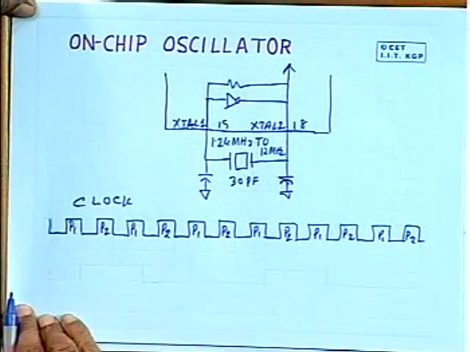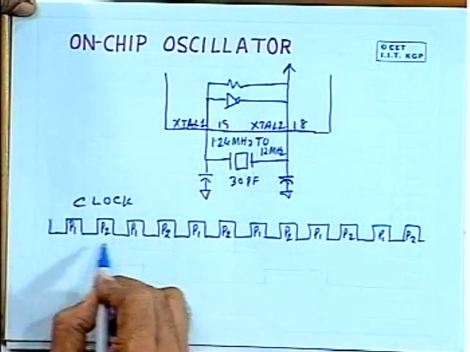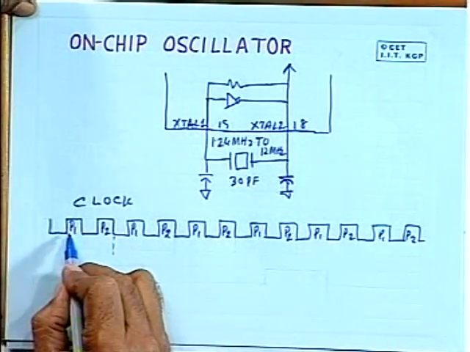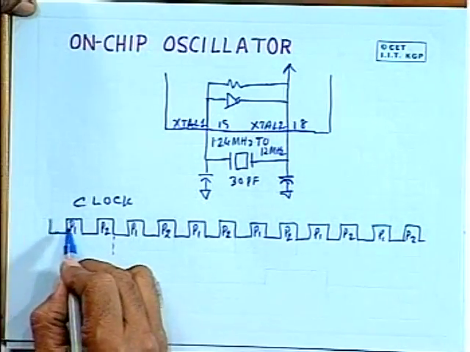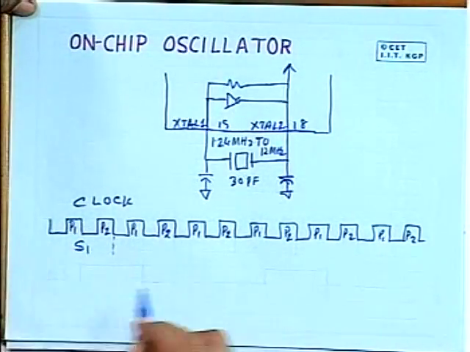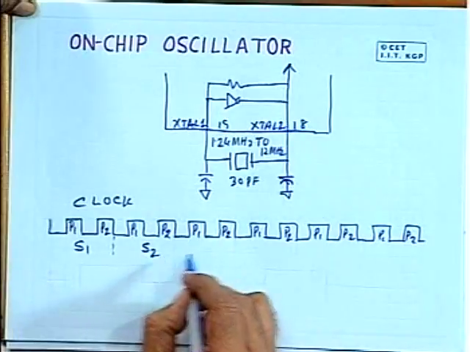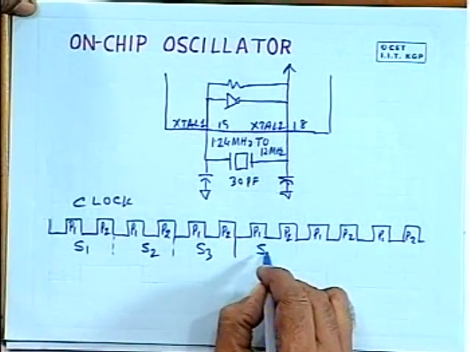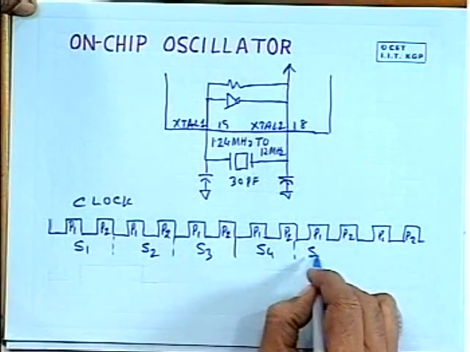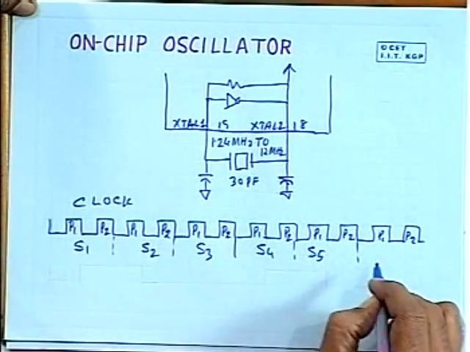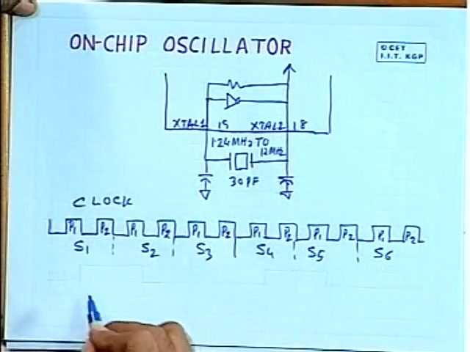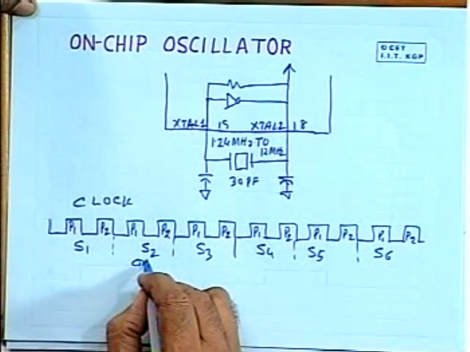Then each of these, this phase 1 and phase 2, this particular clock consisting of P1 and P2, forms the state S1. This is state S2. This is state S3. This is state S4. This is state S5. This is state S6. So these 6 states form one machine cycle.